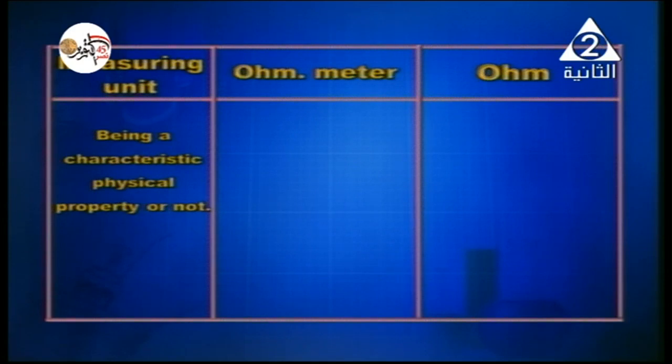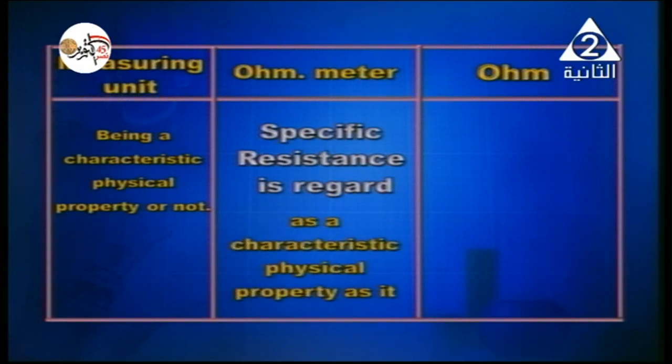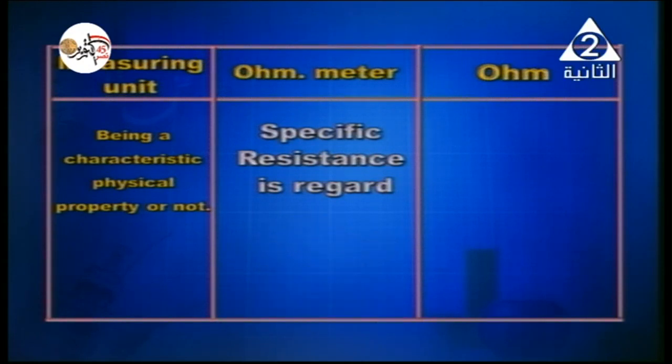And finally, being a characteristic property or not, this is a very important point of difference. As a matter of fact, resistivity is considered a physical characteristic property. Specific resistance, which is resistivity, is regarded as a characteristic physical property as it doesn't depend on dimensions of the wire.